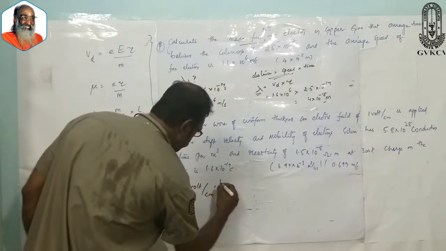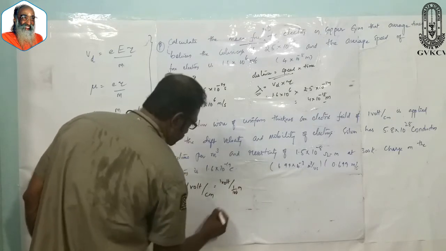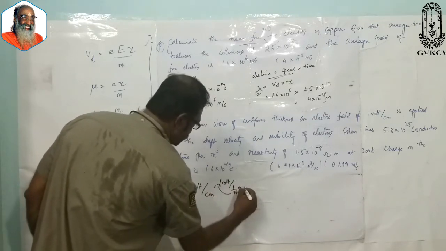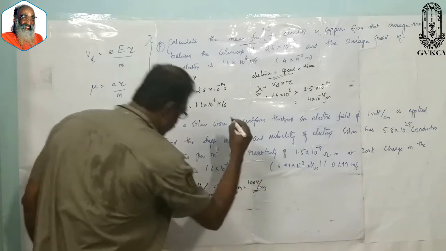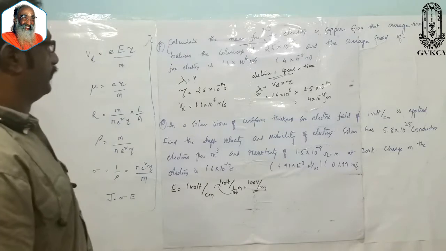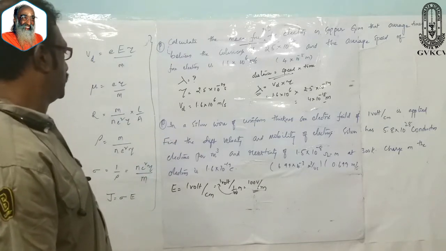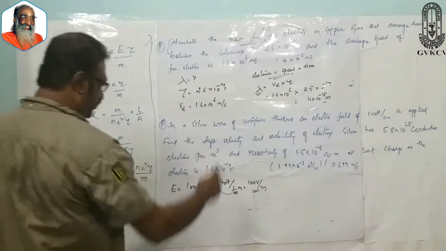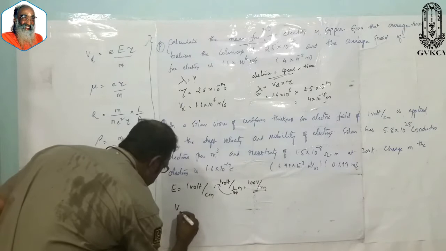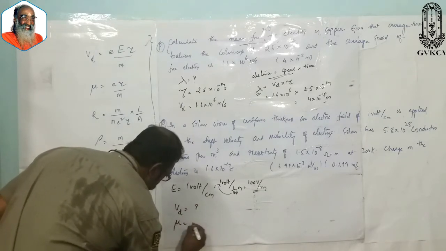So it is 1 volt by 1/100th of a meter. The 100 goes to the numerator, so it becomes 100 volt per meter. So this is our E. Find the drift velocity and mobility of electrons. Both are asked here.